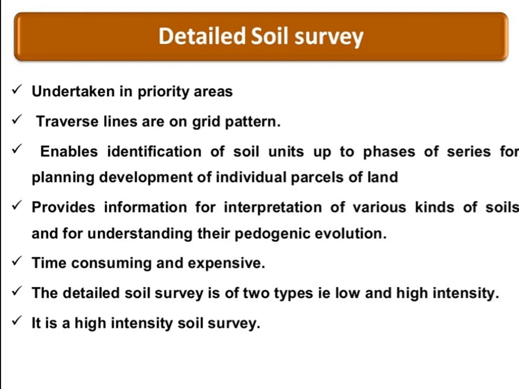For this kind of survey, cadastral maps of 1 is to 5000 to 1 is to 8000 are used, or aerial photos of 1 is to 10,000 scale, depending upon the intensity of survey and agricultural development needs of an area.